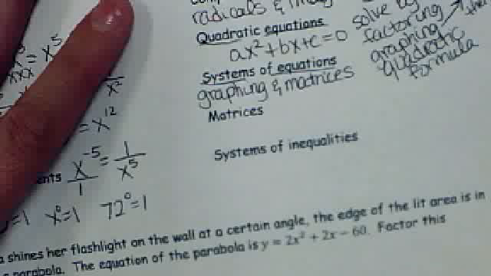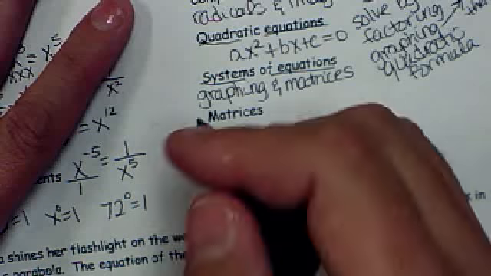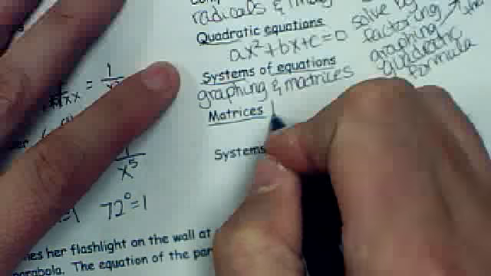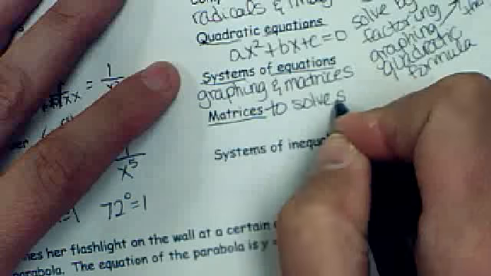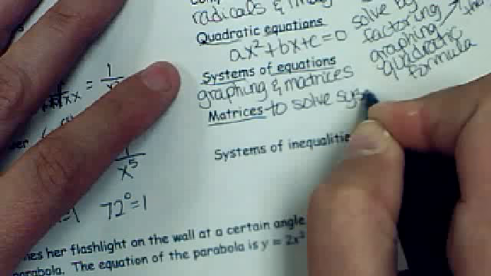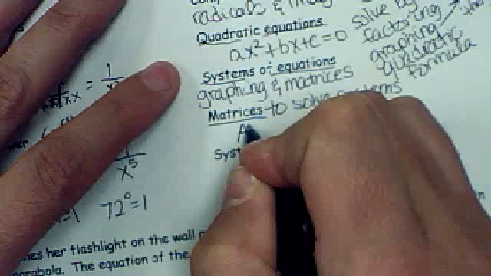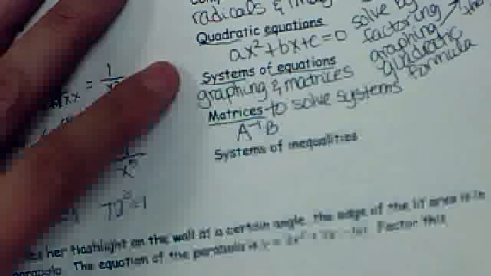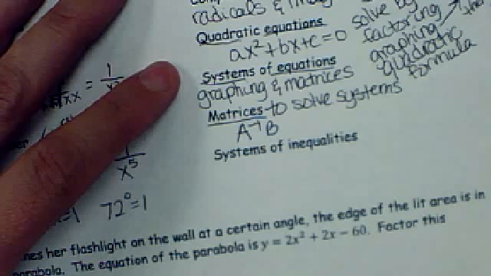And especially if you have a system with 3 variables, then you definitely want to do the matrix method. So we're going to talk about matrices to solve systems. That's where you do matrix A inverse times matrix B. You enter the one matrix into matrix A, the other one into matrix B, and then it's A inverse B.